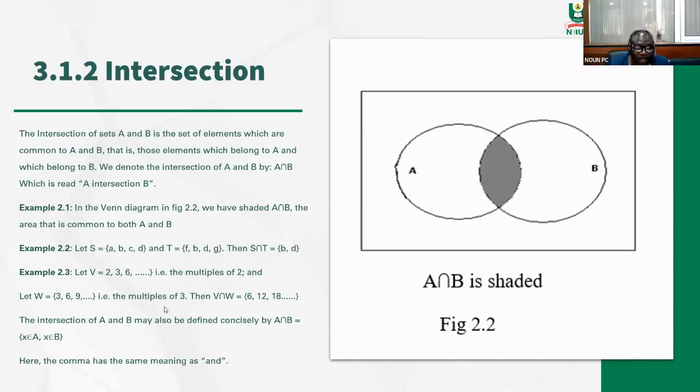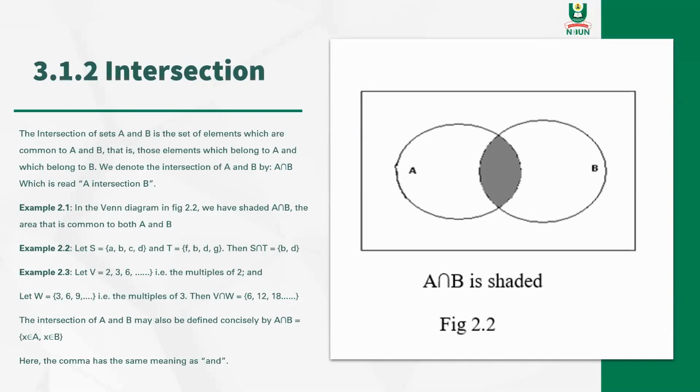Now the question is, find the intersection of V and W. What are you expecting? What is common to both? Multiples of 2 and multiples of 3. What is common? 6, 12, 18. Which other one? 24.